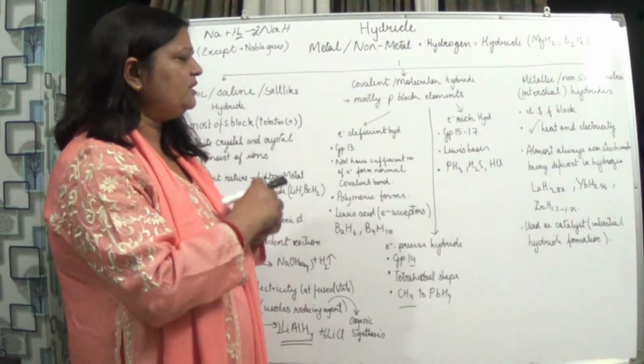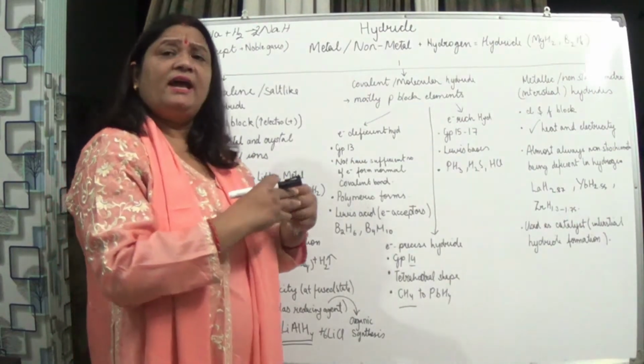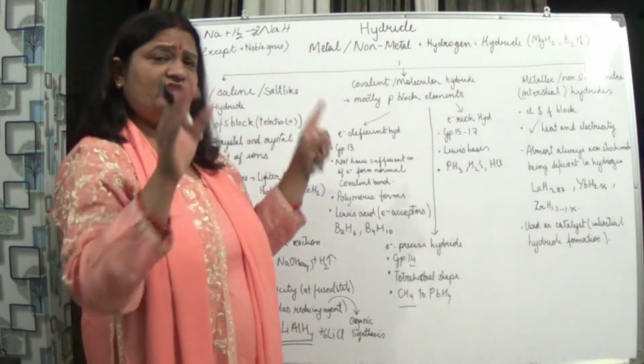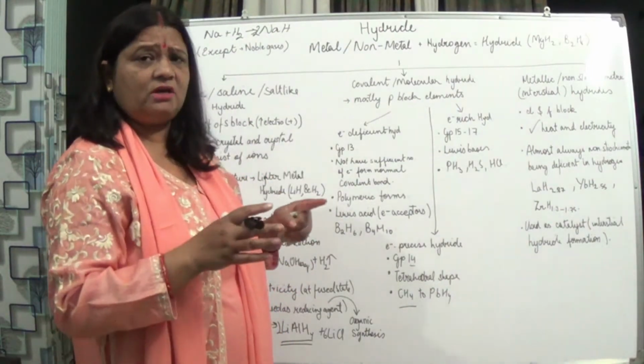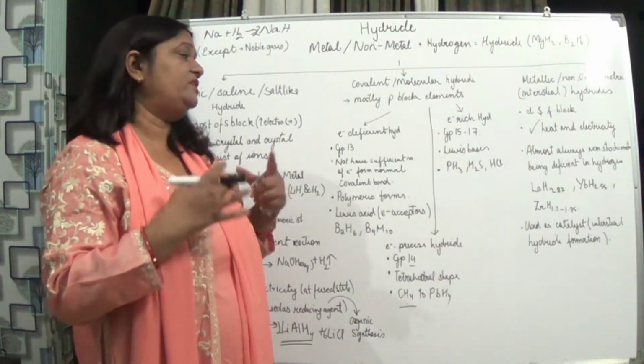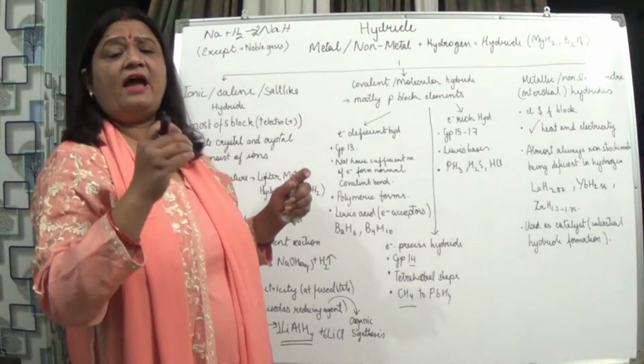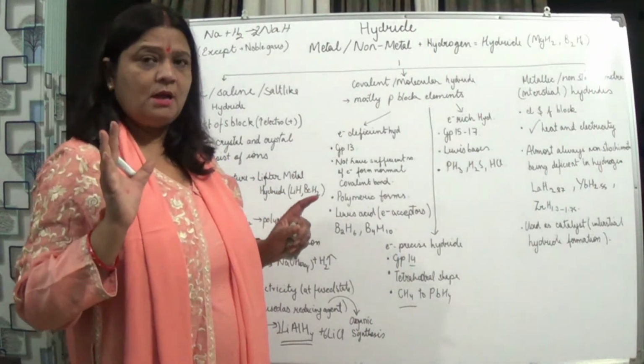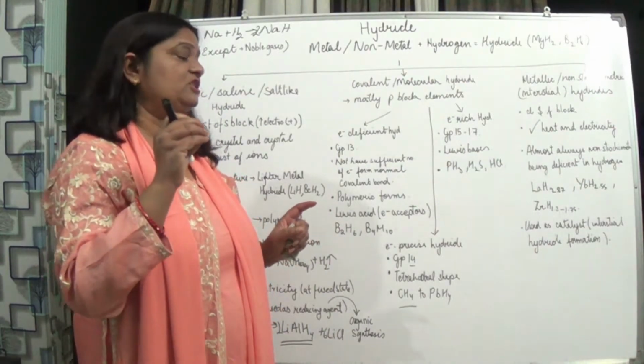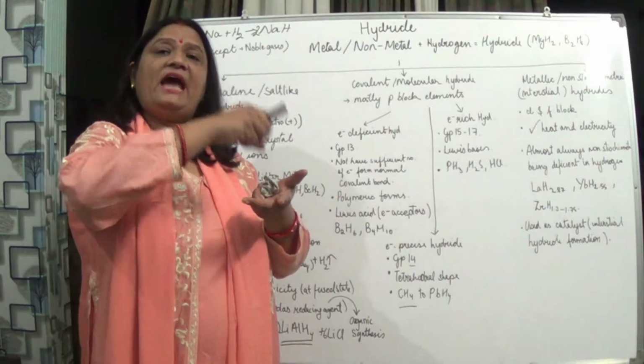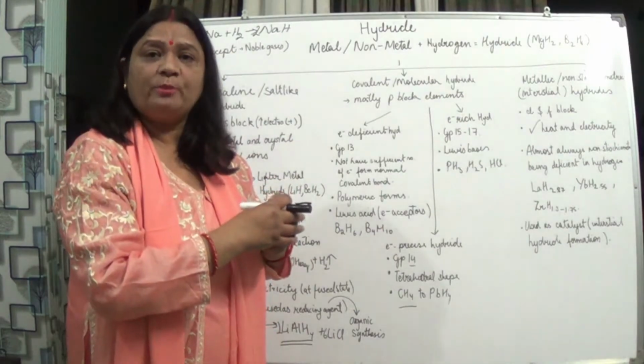What happens in this? When we study the solid or metal structure, we see that they have interstitial spaces. In these interstitial spaces, hydrogen gets adsorbed.